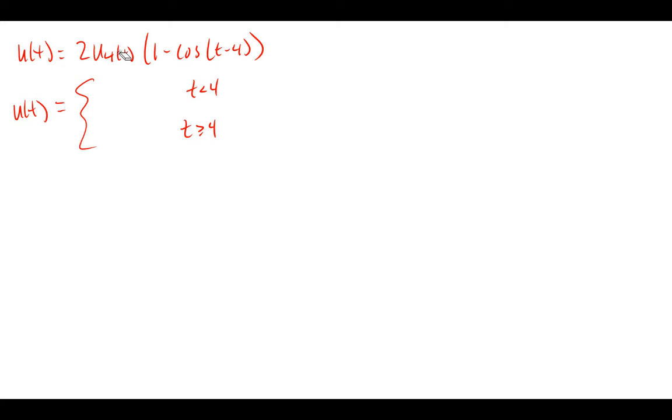Now up to time 4, this is 0, which of course is going to clear out this whole thing, which means your solution is just 0 up to time 4. And then after time 4, this is just 1, so you don't really need it. So then what do you have? You have 2 times 1 minus cosine of t minus 4.